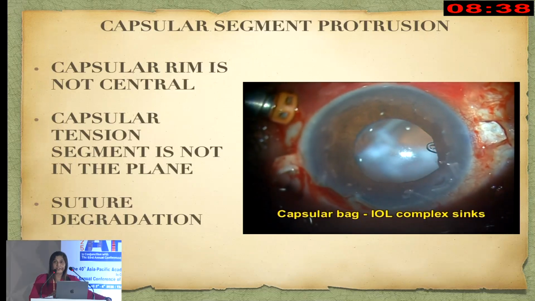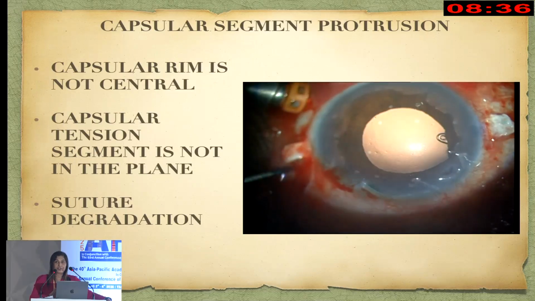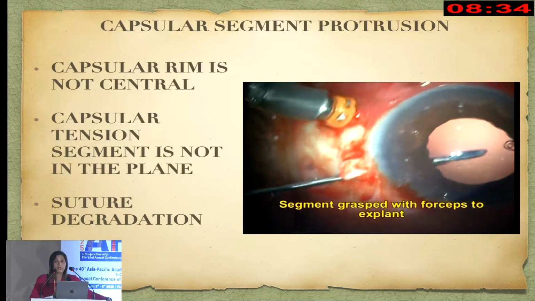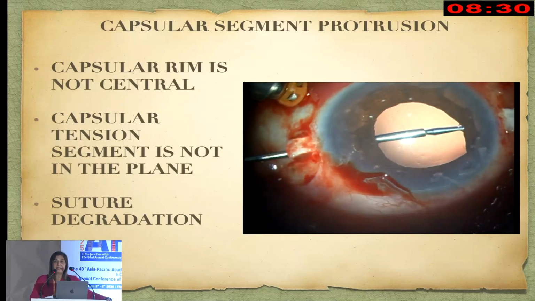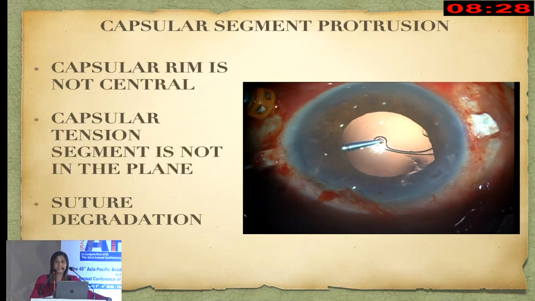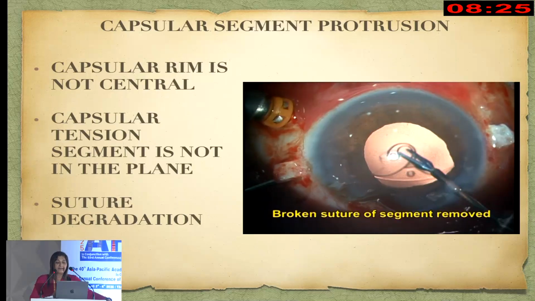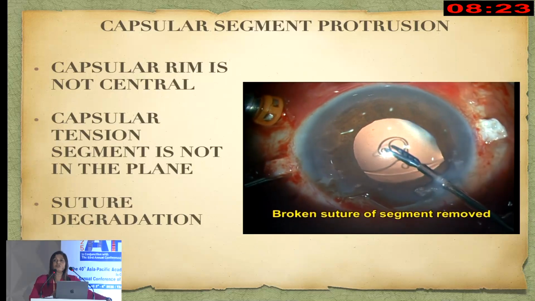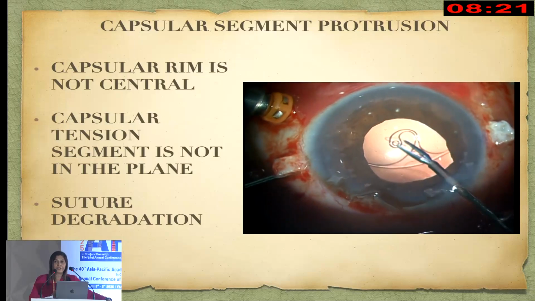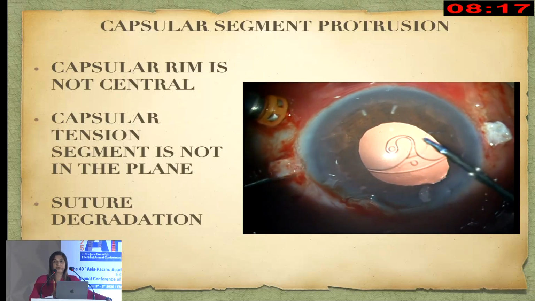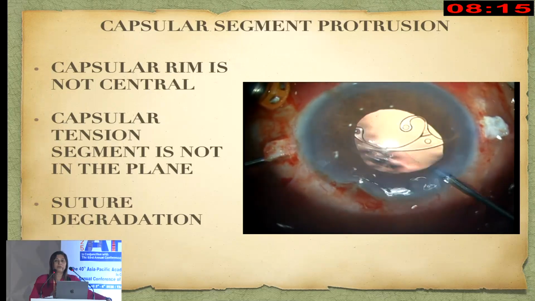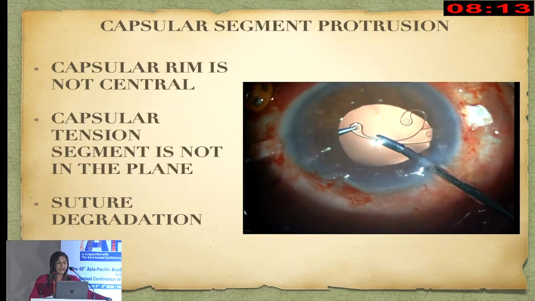Leave aside everything, this was a complication which occurred, and it's altogether a different issue. But what I'm trying to highlight is that this is an endocapsular segment which was placed inside the bag, and there is a degradation of the suture here. This degradation of the suture does not hold the capsular bag in its position, and maybe because of this there was a shaking of the capsular bag IOL complex.